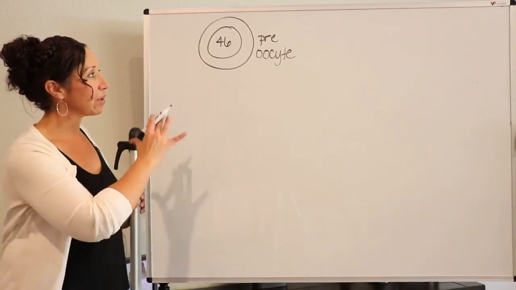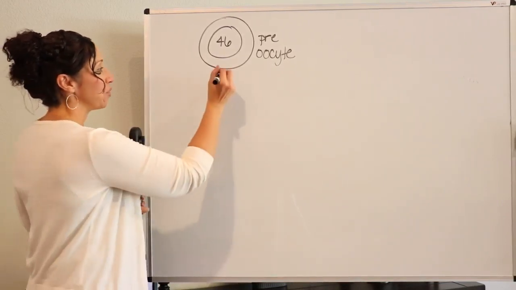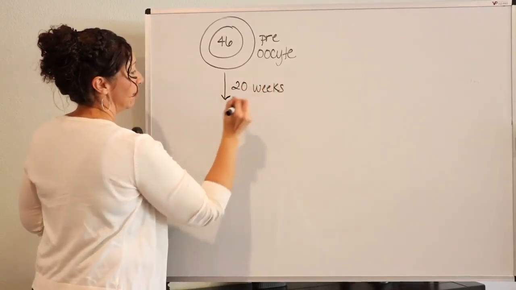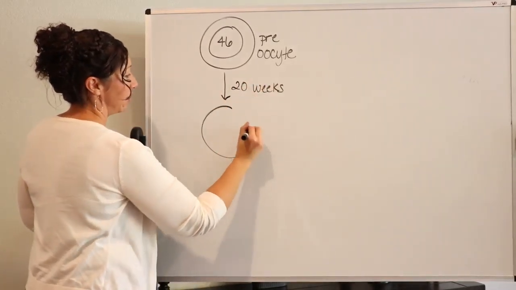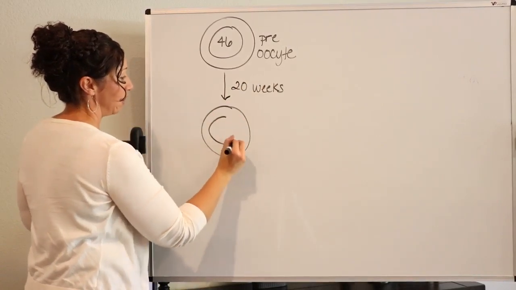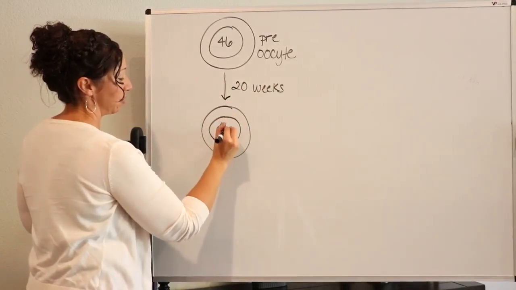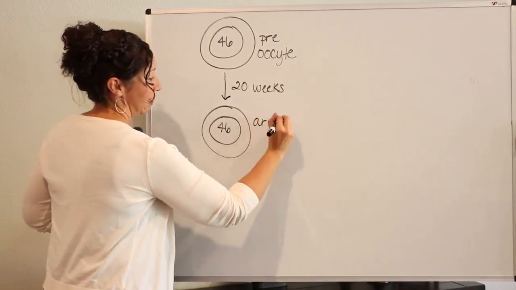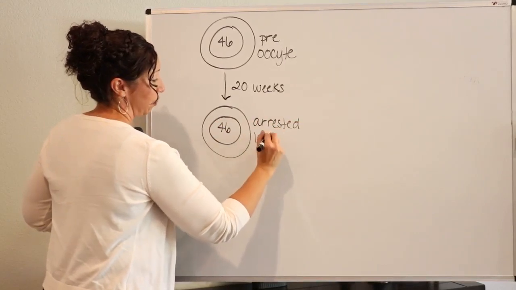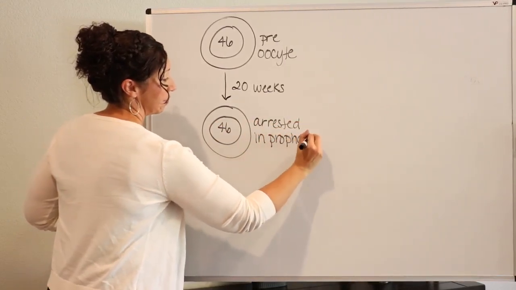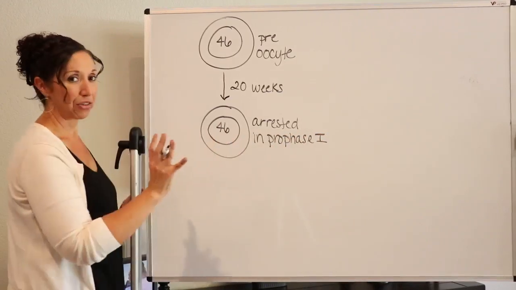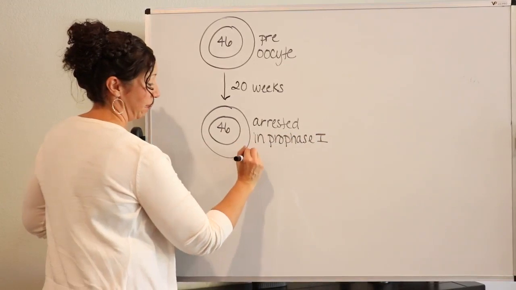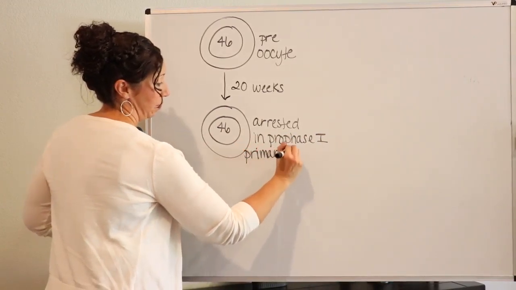In utero, you have a bunch of these pre-oocytes. And by 20 weeks, you have millions of these pre-oocytes, with a 46 chromosome count, that are now arrested. They get stuck in prophase 1, in the tetrad stage. And we call these primary oocytes. Primary oocytes.